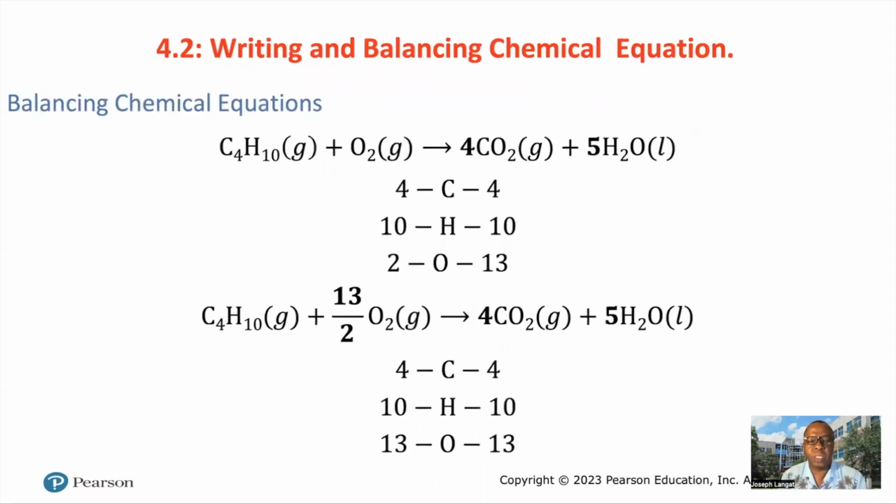So this is the next slide. Sometimes you may get fractions, so you multiply by 2. If I multiply by 2 here, and here, and here. Remember, we don't use fractions. For example, if I divide this by 2, I'll get 6.5. No, we don't want that.